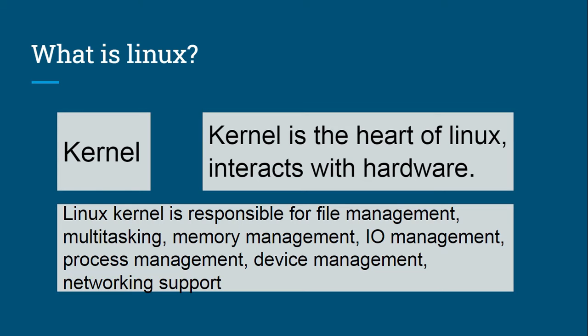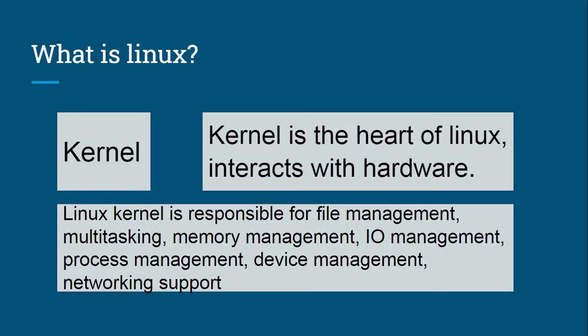So let's say when you open a file, it generates an IO request, which is handled by the Linux kernel. If you create a process, the execution and termination of that process will be handled by your Linux kernel.